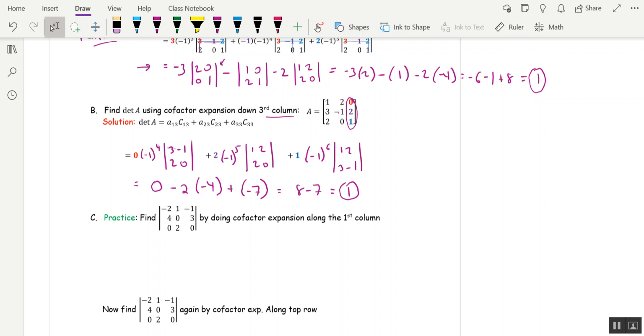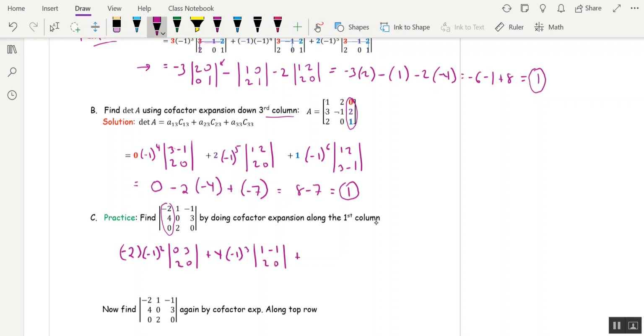Okay, let's see. Hopefully you got, I did it and I got 4. So if we're going down the first column, this is going to be negative 2 times negative 1 squared times 0, 3, 2, 0. And then plus 4 times negative 1 cubed. And our subdeterminant is 1, negative 1, 2, 0.